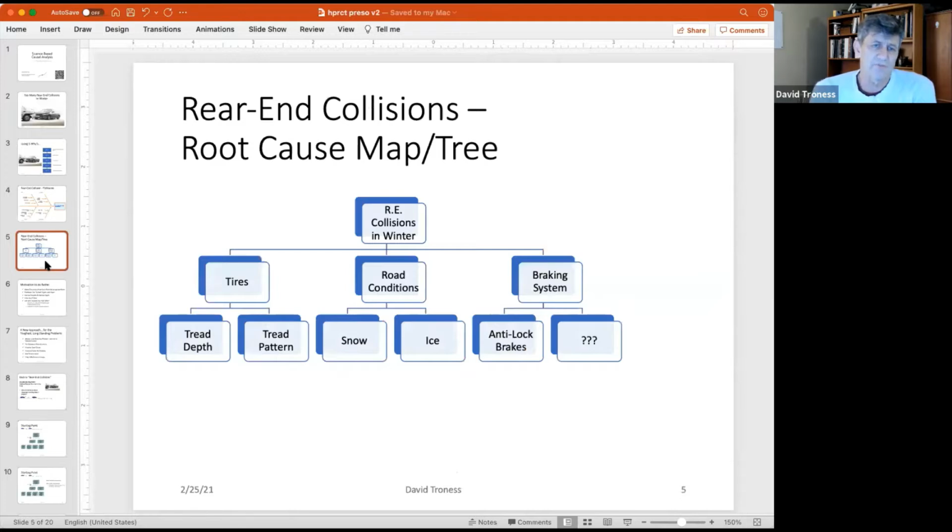Then there are lots of different options or types of root cause maps or trees. I just put in some basic things here. Actually, I did this in a couple of classes, and I took some of their examples or conclusions and put them in here.